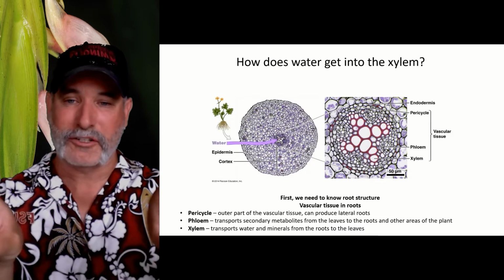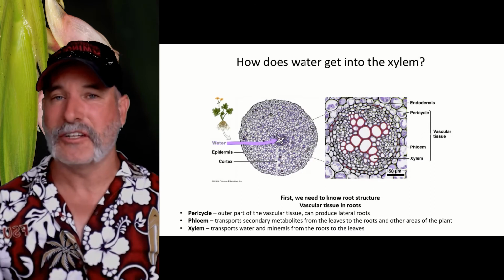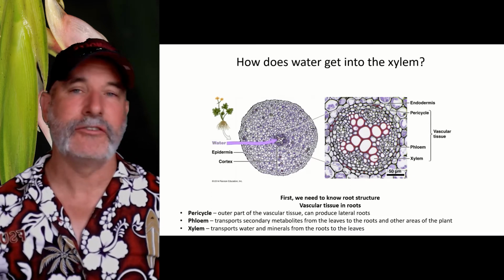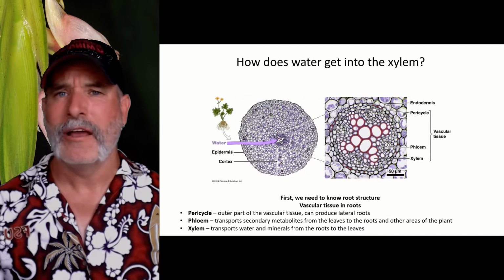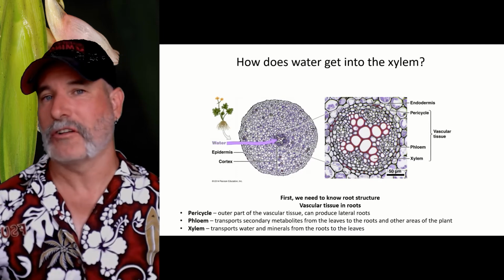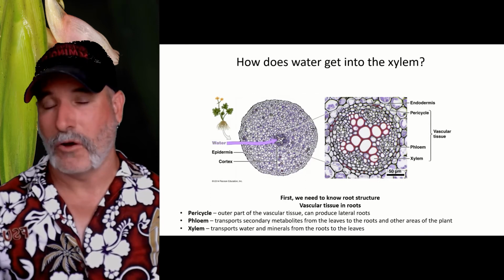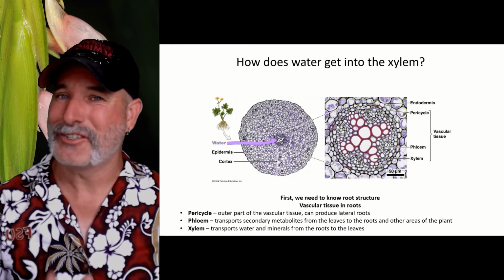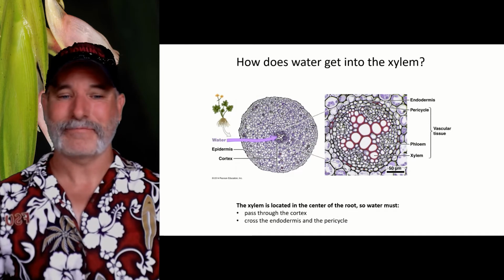That way, when you have roots branching, their vascular tissue will be connected. And then, of course, the vascular tissue is your xylem and your phloem. You can easily see the xylem cells because they're much larger than the phloem cells. And your xylem is also dead at maturity, whereas your phloem is not.